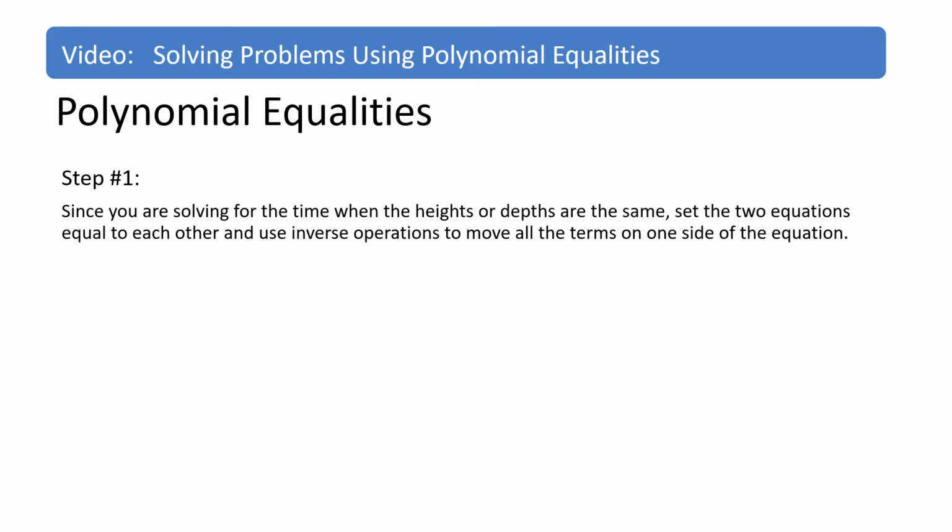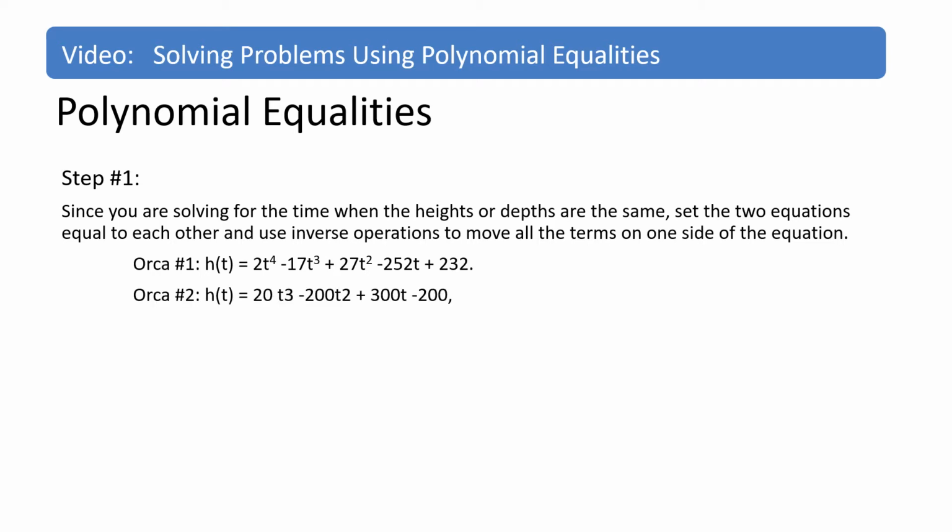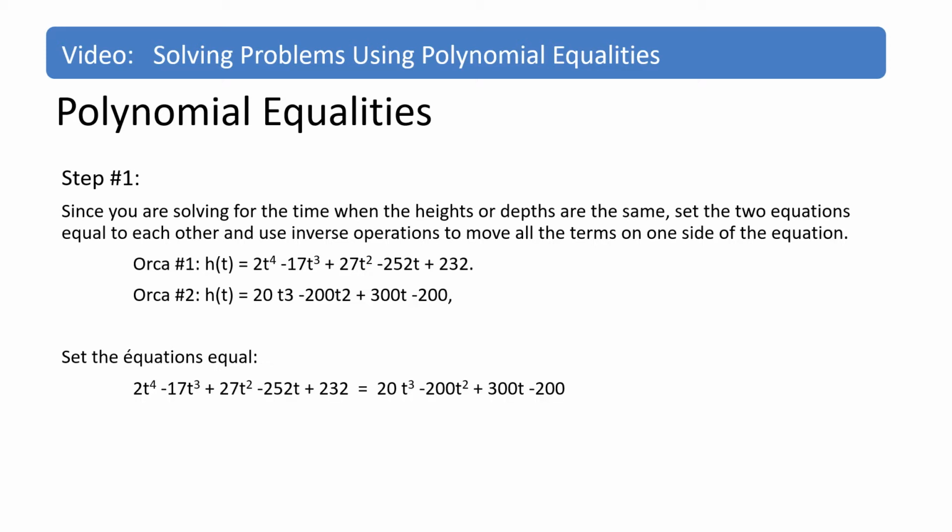Since you are solving for time, when the height or depths are the same, set the two equations equal to each other and use inverse operations to move all the terms to one side of the equation. Here we have orca number 1, orca number 2, and we set them equal.